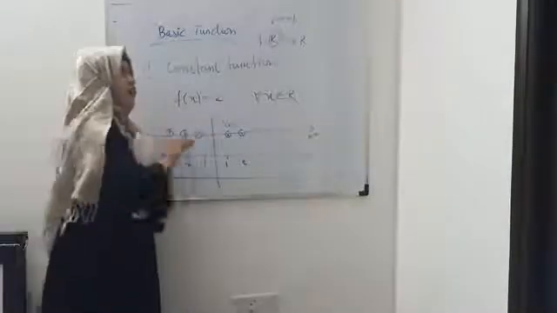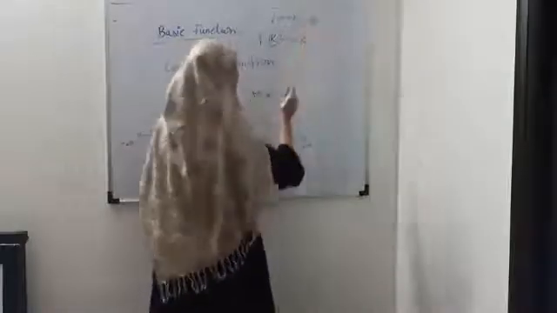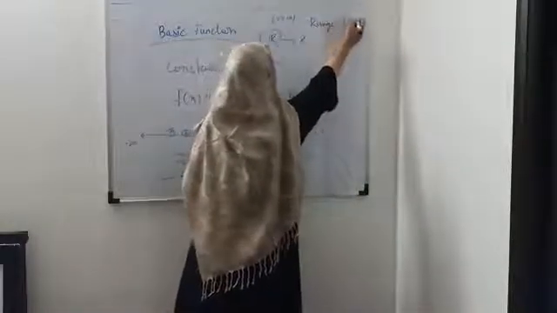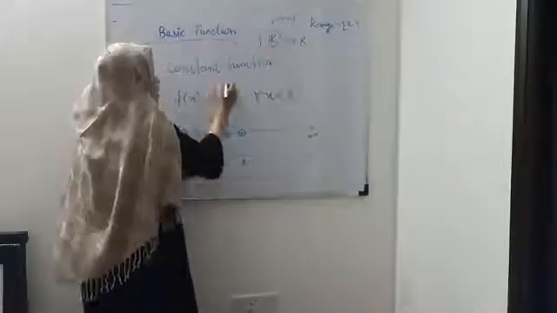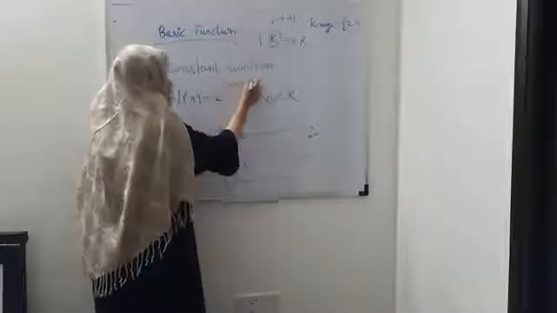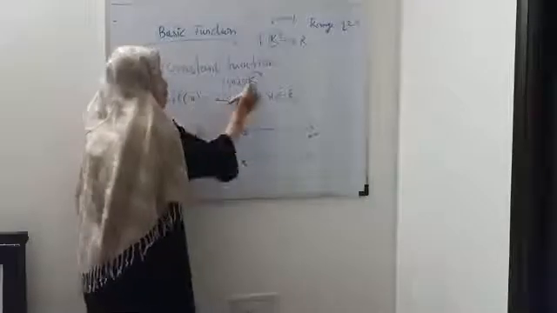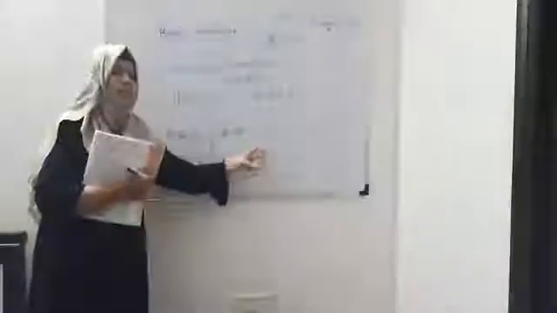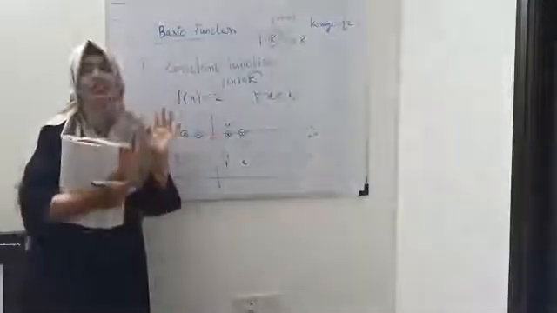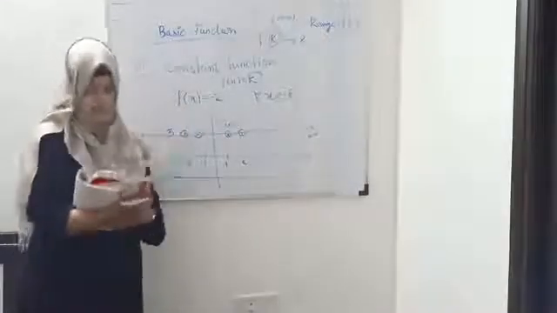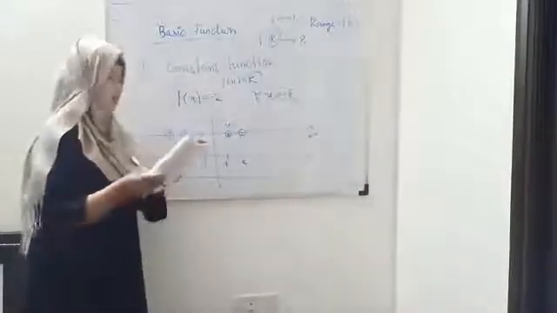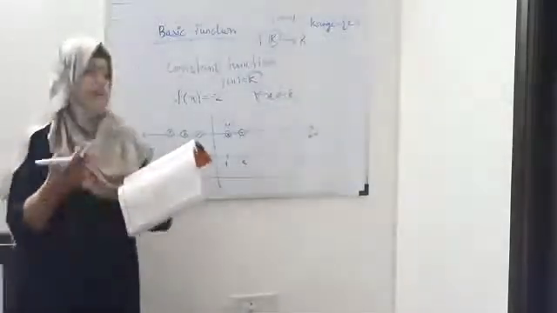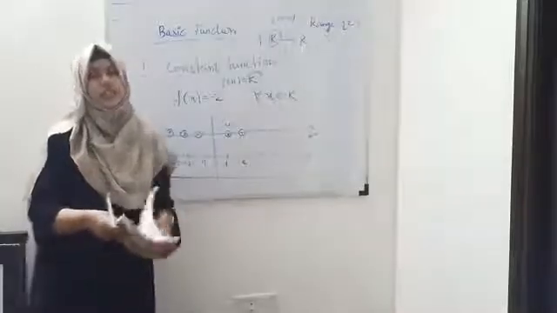So the range set will contain only one image, that is 2. In general, if your function is f of x equal to k, then k will be the only element in your range set, because for all elements they will give you one image, that is k. So this is about the constant function. The next functions, identity and power function, we will see in the next class.